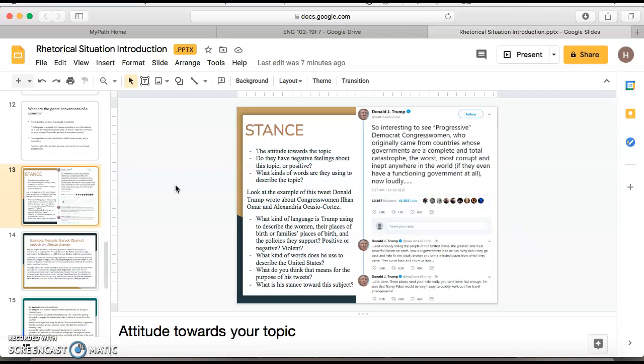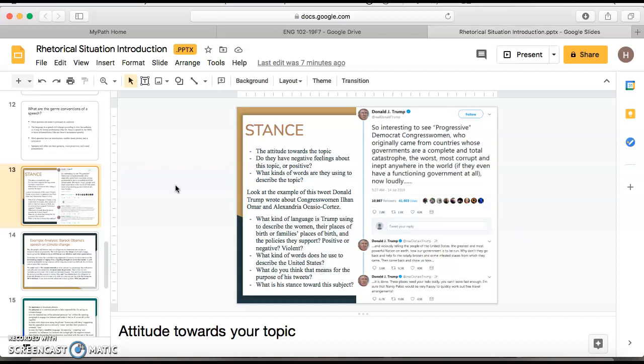And they're vicious. These women are vicious. So he's got both a negative view towards these women and towards the countries where maybe their families are from, or their places of birth.